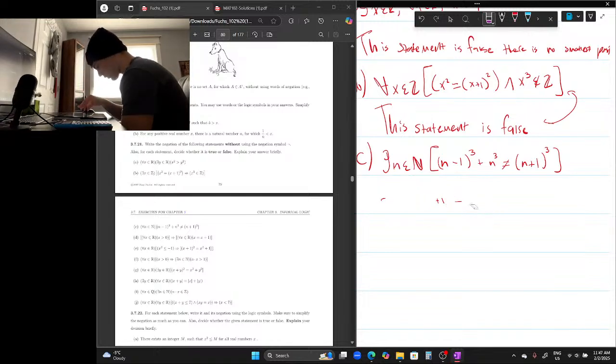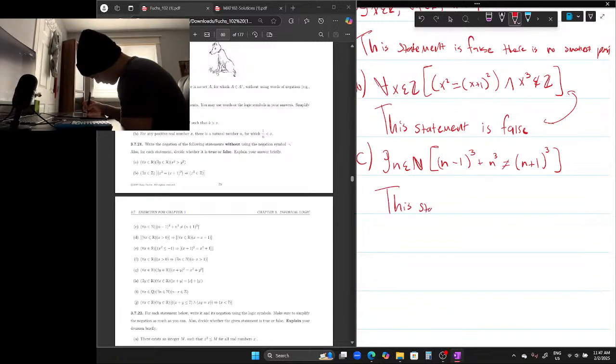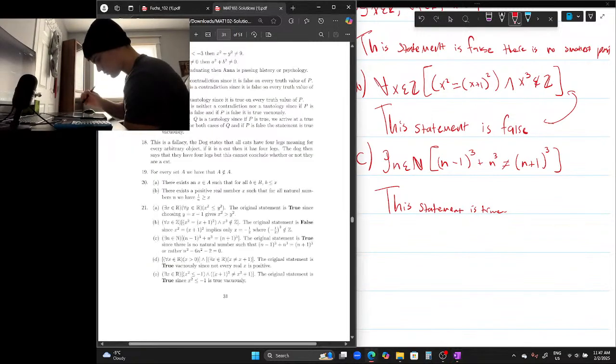No, I can't even proceed by the contrapositive. I don't think the statement is true. Could be wrong, but let's see. Statement is true.